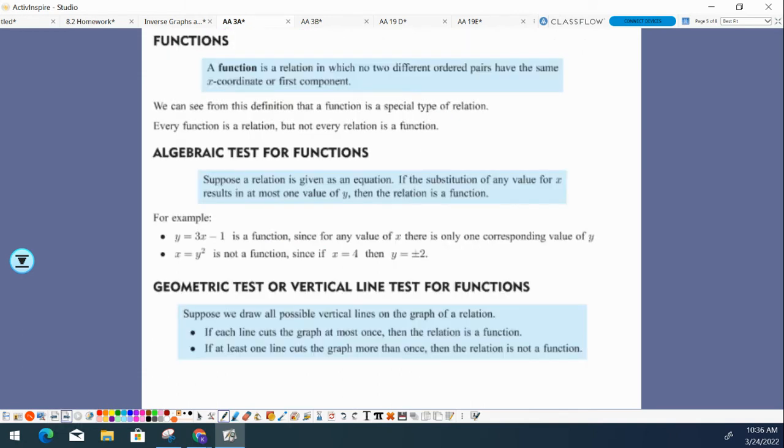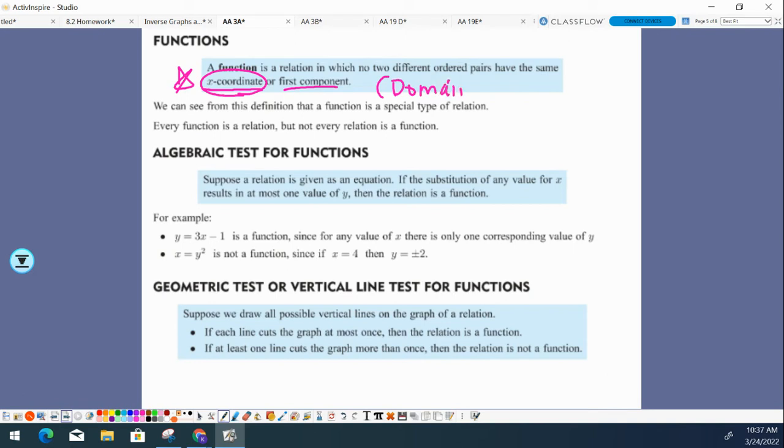All right, so then we can get more specific about the relation. All relations, anything you see is a relation, but specific ones can be called a function. A function is just a specific relation in which no two different ordered pairs have the same x coordinate, or you can say the first component. If you remember, all x coordinates is the domain.